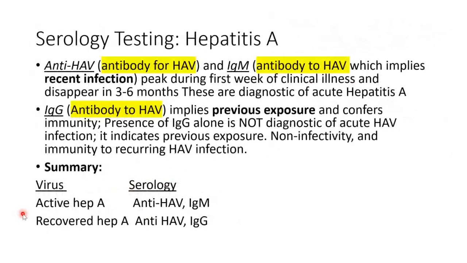So let's talk about serology, and first we'll break it down: hepatitis A, B, and C. For hepatitis A, we have the anti-HAV IgM, which is an antibody for hepatitis A virus, IgM, which, as we just talked about, implies a recent infection.